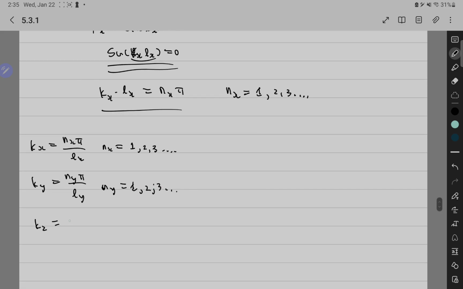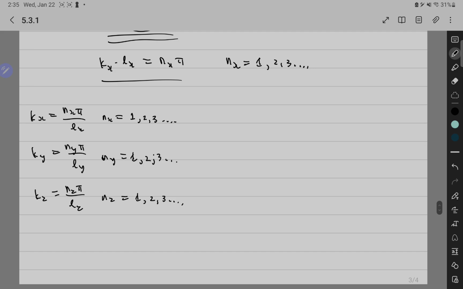Kz is equal to nz pi over lz, where nz is equal to 1, 2, 3, and so on. So we have obtained this expression for kx, ky, and kz.